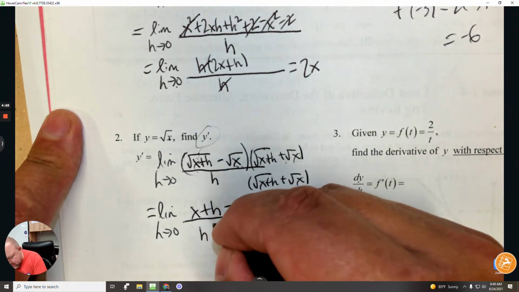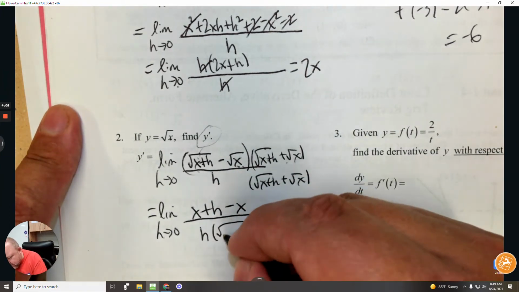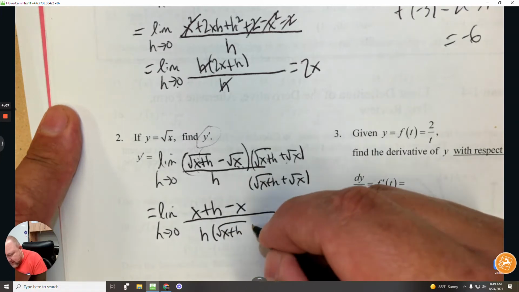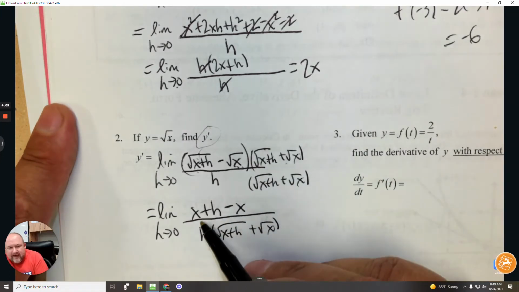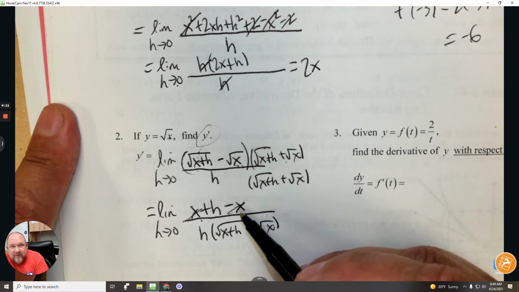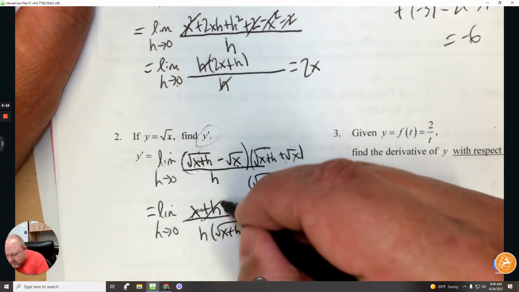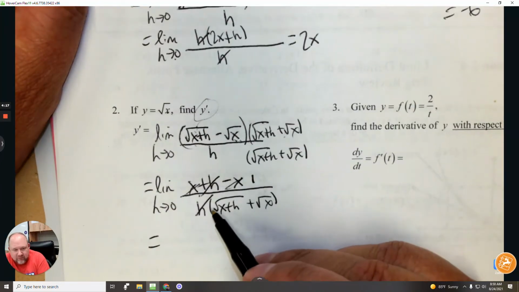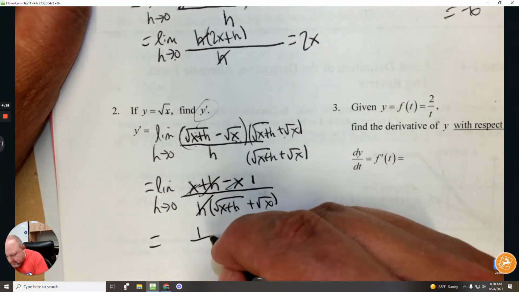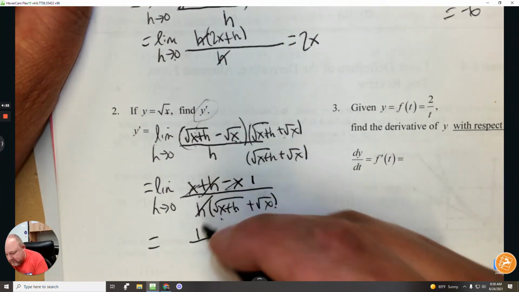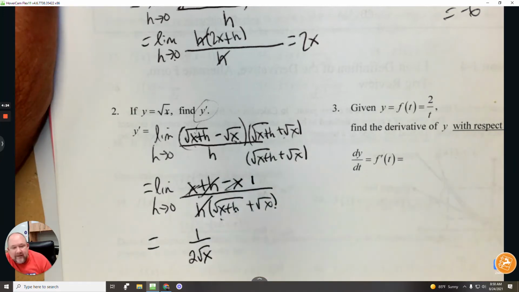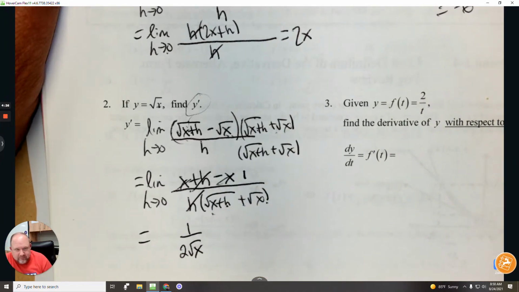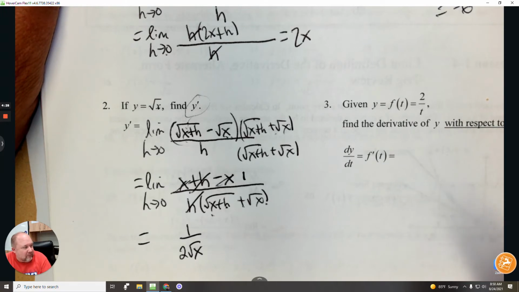What's going to happen is this, x take away x, they're done, and then the h's divide out, and you still have a 1 on top, and now I can plug in 0 for h, and so what I'm left with is root x plus root x, and that's 2 root x's, and now you have a formula for the derivative.